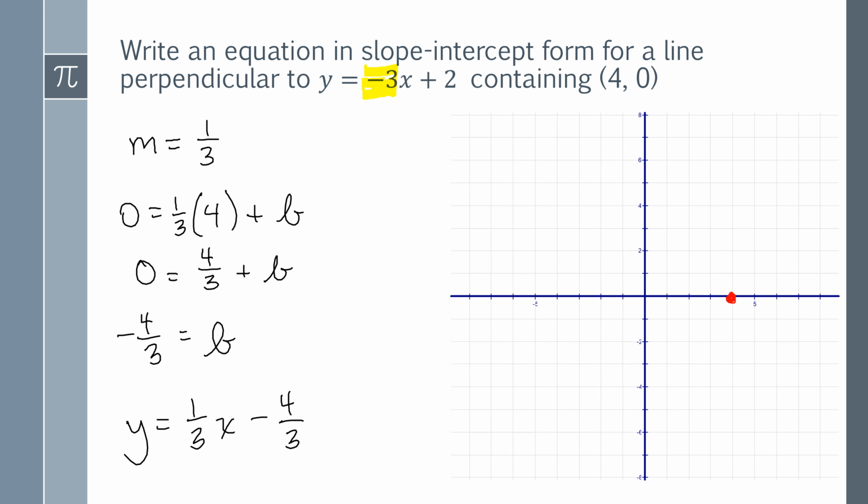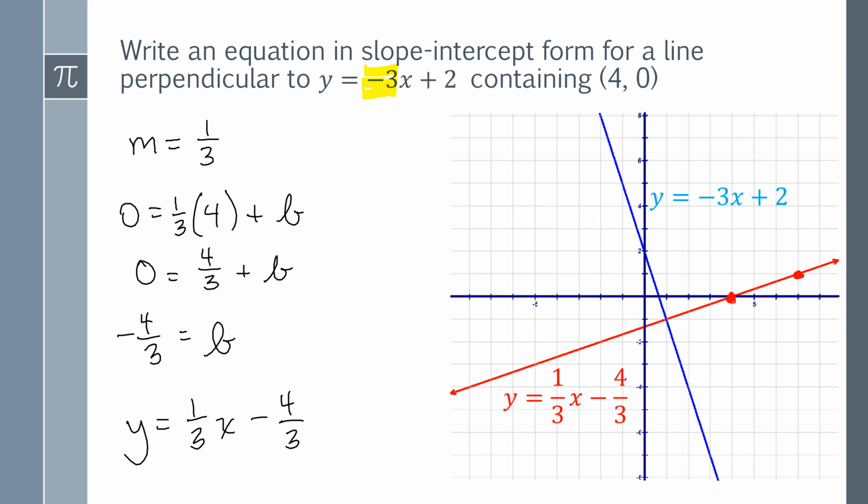So there's 4, 0. Now my slope is 1/3. So I would go up 1 over 3, 1, 2, 3, and I would put another dot right there. And then I can connect those dots. And there's both lines. And you can see the perpendicularity there. There's a nice right angle.